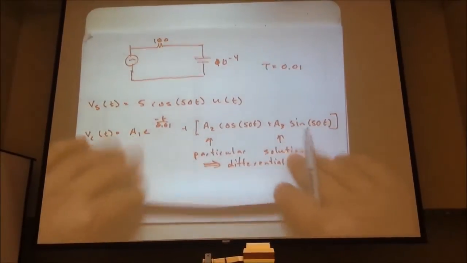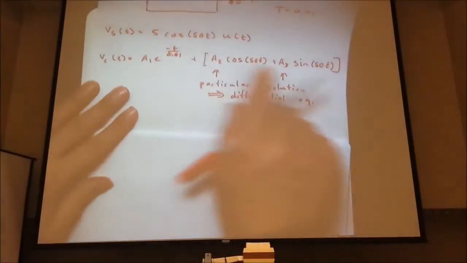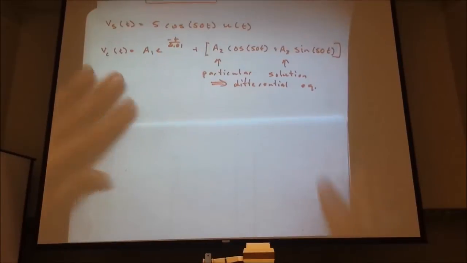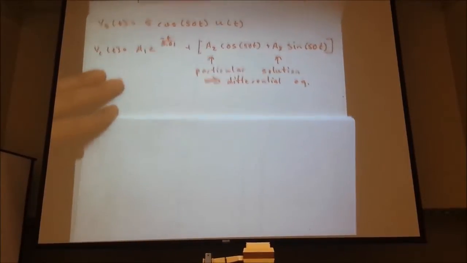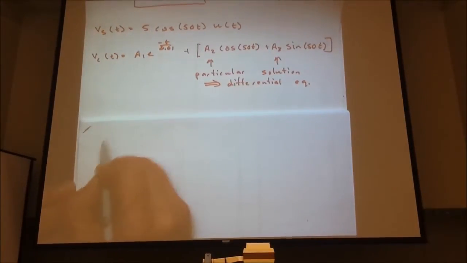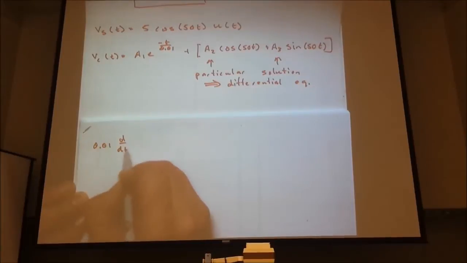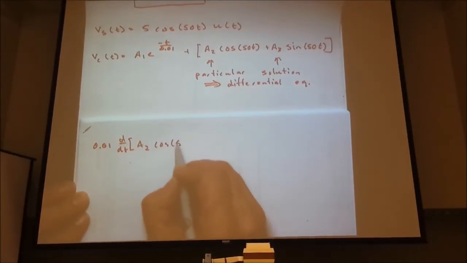So we do the same thing we did just a moment ago, but we have two coefficients defined, or if you are a big fan of a single sinusoid, a coefficient and a phase. Either way, it comes out to be the same amount of math. So RC, 0.01, d by dt, and we'll set this up, but we don't have to finish it.